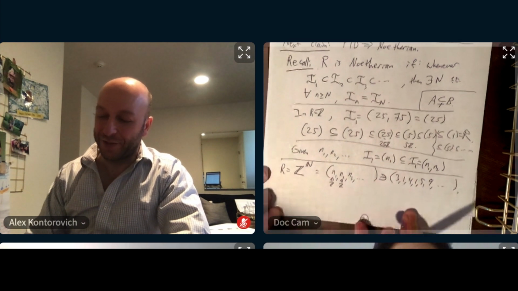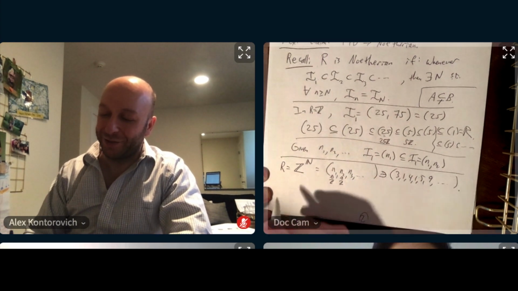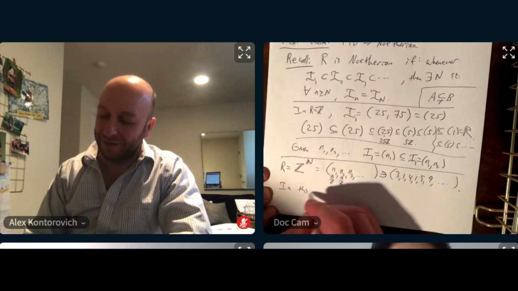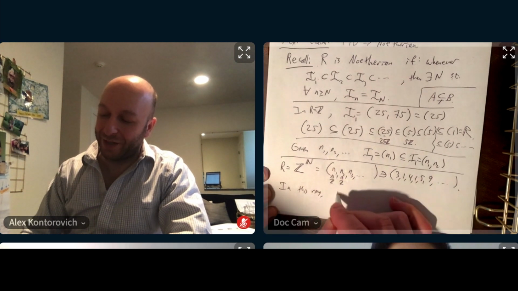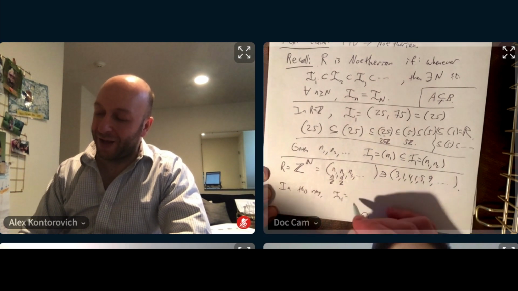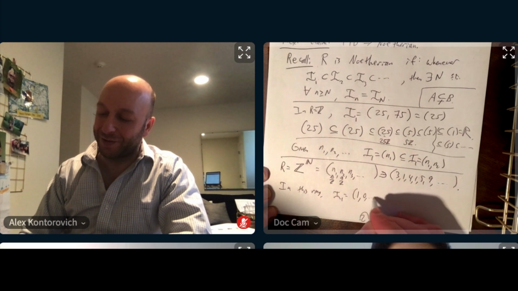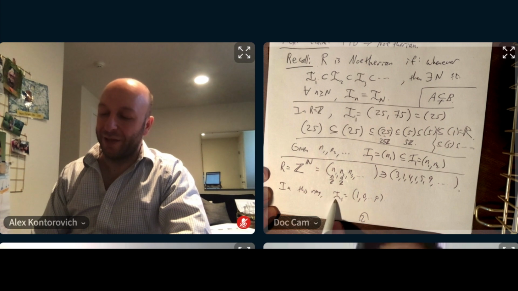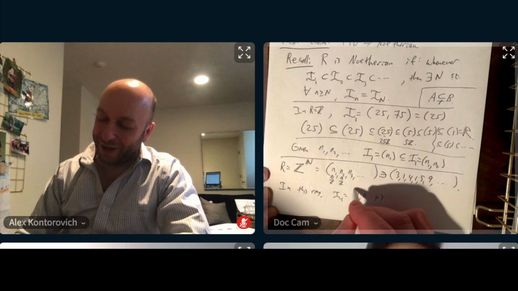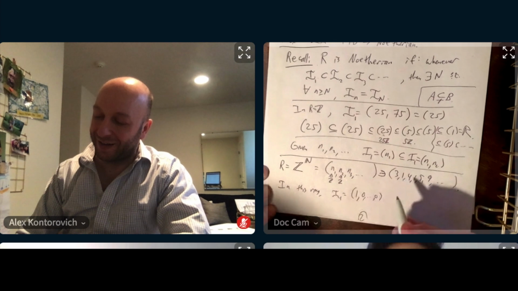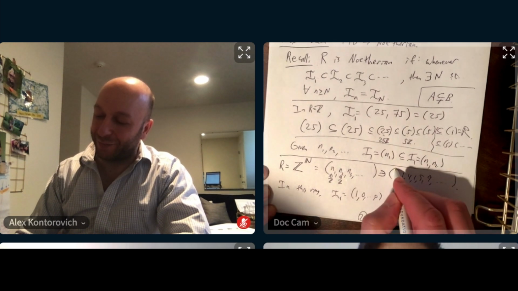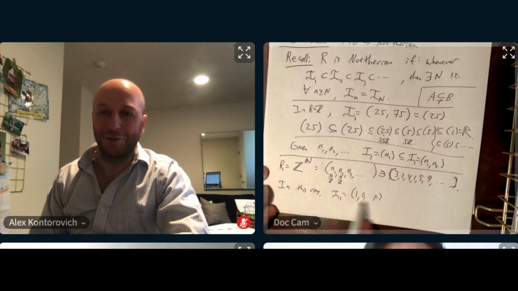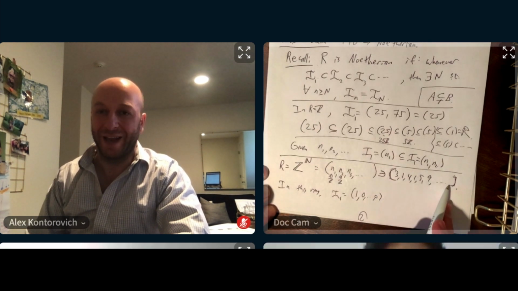In this ring, I can take the ideal generated by, let's say, 1 and all zeros. So that's a copy of Z in the first factor. Let me write a typical element in here as a bracket, just to distinguish between parentheses, which mean generated by, and brackets, which will be an element.